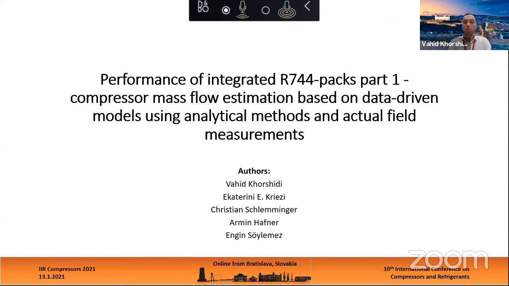And the work today is mainly focused on the compressor mass flow rate estimation using data-driven methods and analytical methods and the comparison of them. And also, this is part 2; in the afternoon, my colleague is going to present the evaluation of ejector performance.